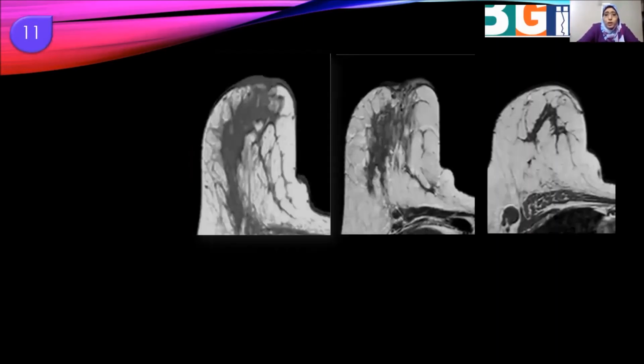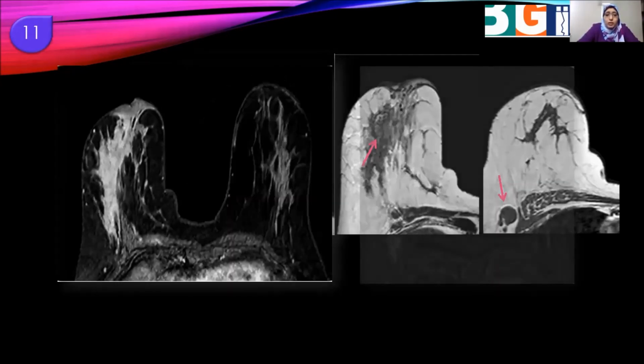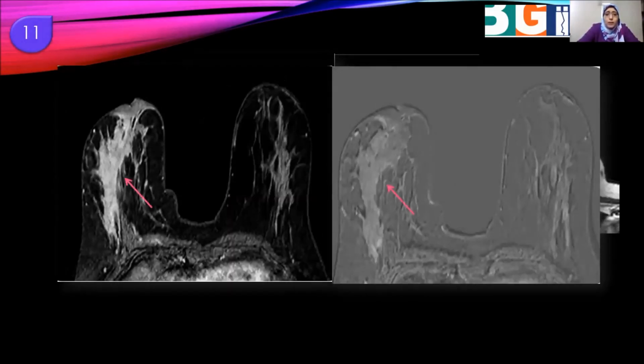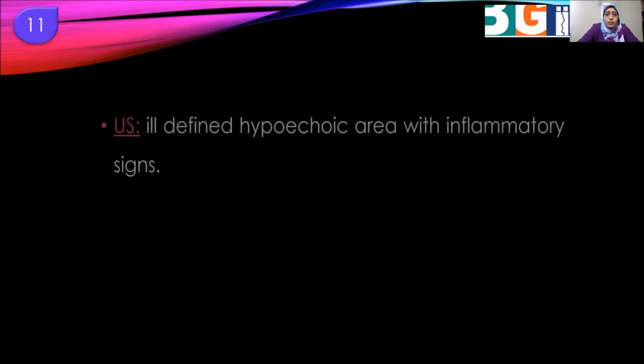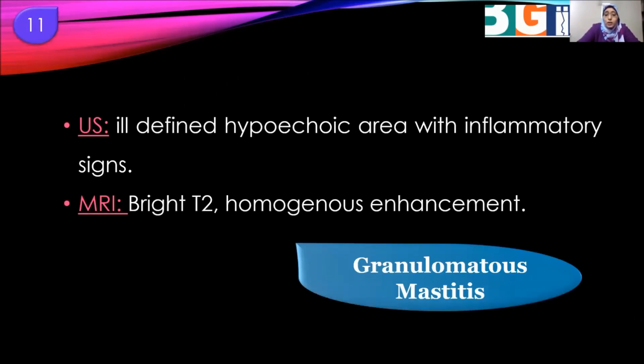She performed an MRI which showed a low T1 and intermediate bright T2 signal of the area with the pathological lymph node. On the dynamic contrast study, it shows homogeneous enhancement, and together the findings of the ultrasound and the MRI with the tissue biopsy confirmed granulomatous mastitis.